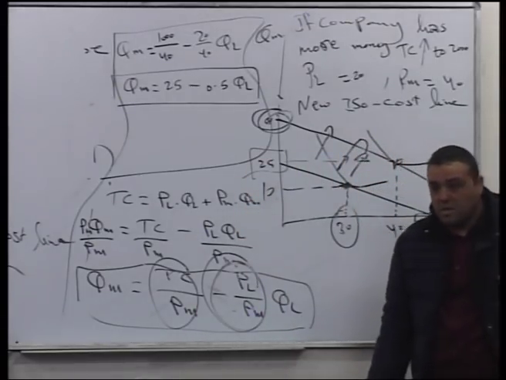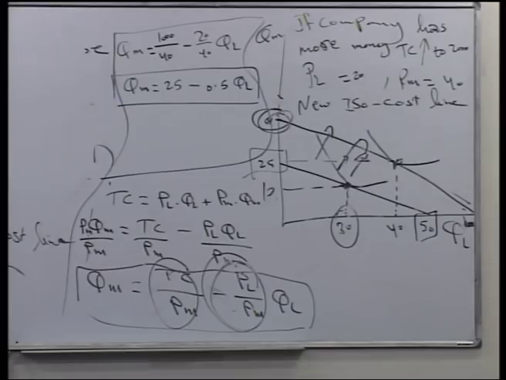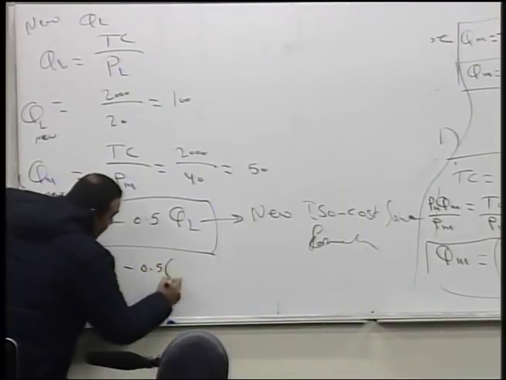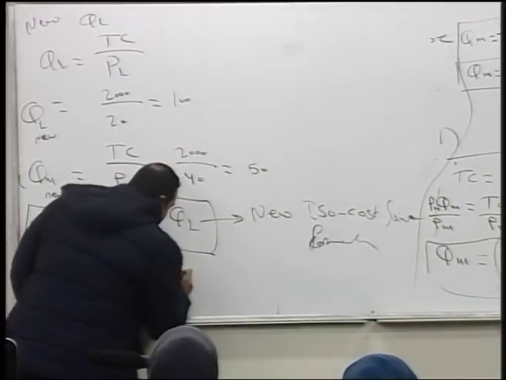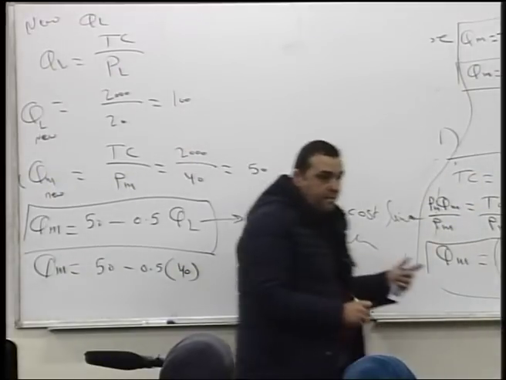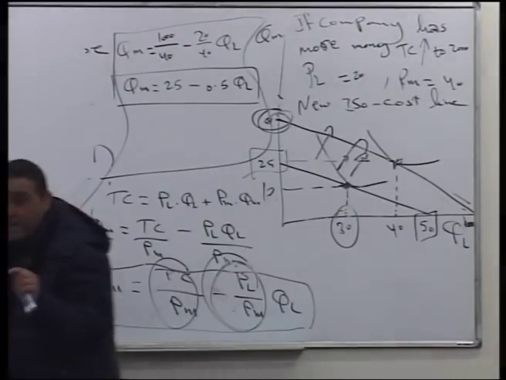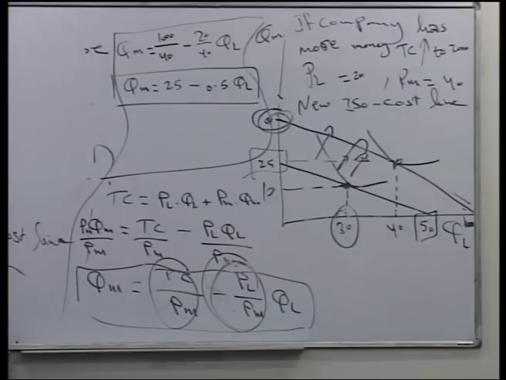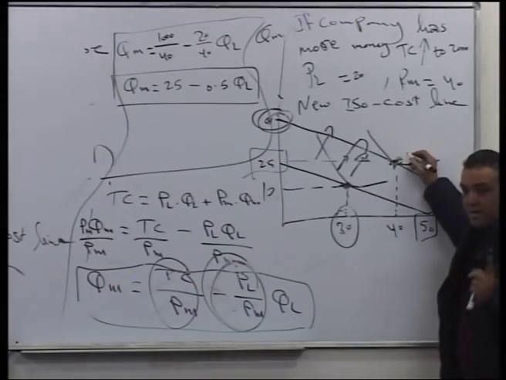QM equals 50 minus 0.5 times 40. We assumed the new equilibrium after expansion, because here the company will have an expansion, modernization. We have a new equilibrium point.